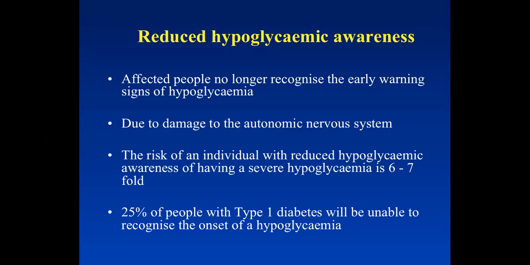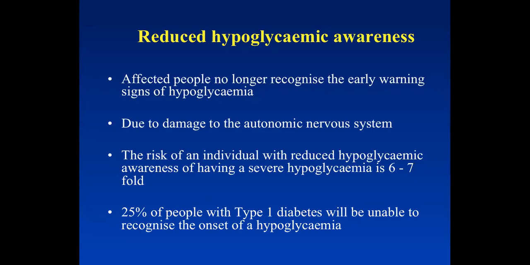It is because their autonomic nervous system is damaged due to microvascular complications. They have neuropathy. The problem is if they are not aware of the hypoglycemia, they don't take action about it. So they don't take any sugary drink or sugary food.